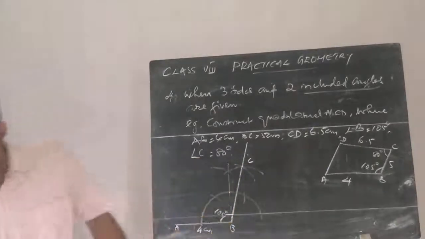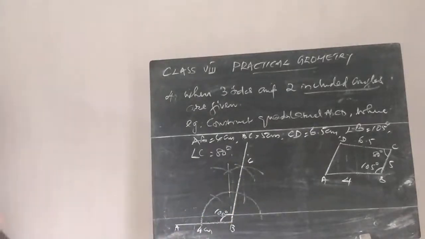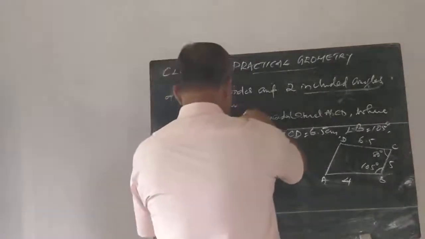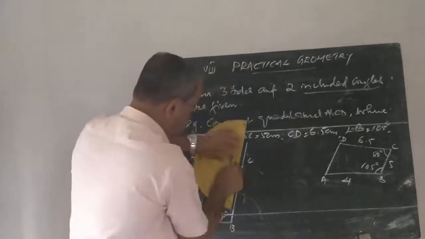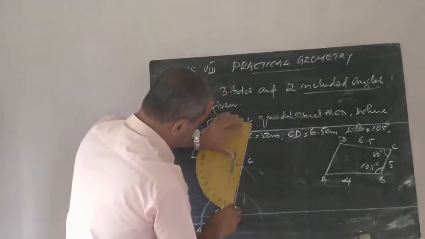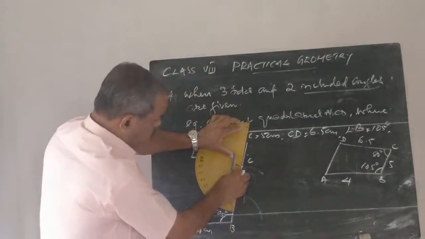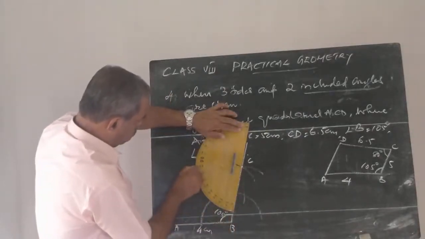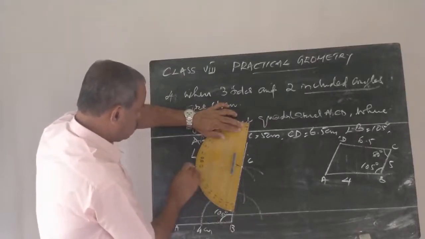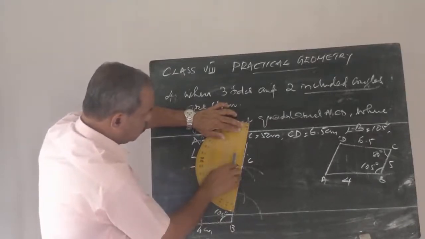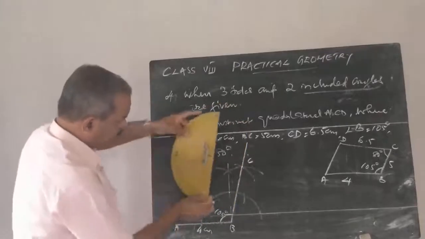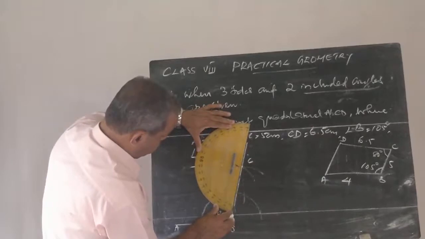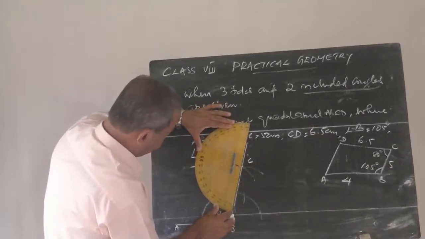With the help of a protractor, we can mark 80 degrees from point C. See, 0, here 70, 80. This is the position of 80 degrees from here.